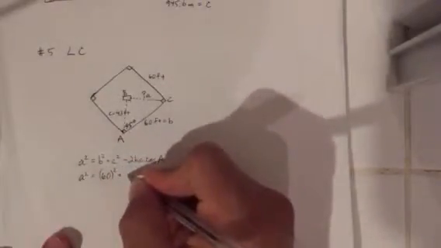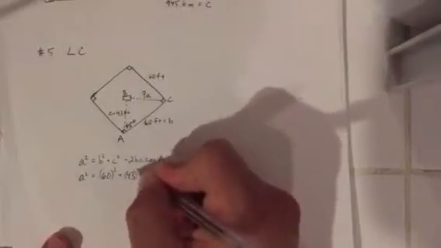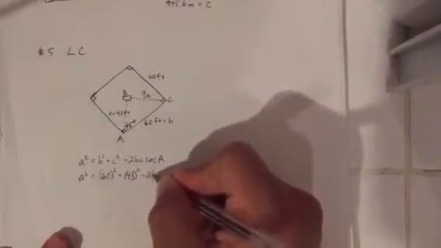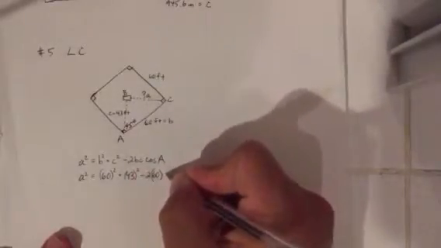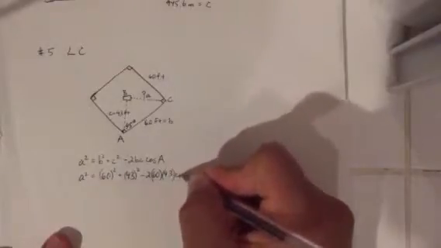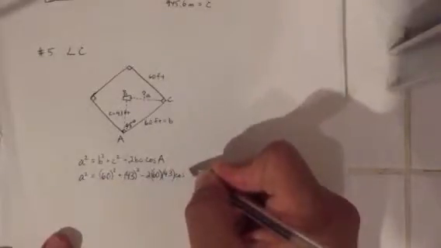So A squared, B we know is 60 feet. C is 43 feet. And then over here we're going to plug in 60, 43, cosine of A is 45 degrees.